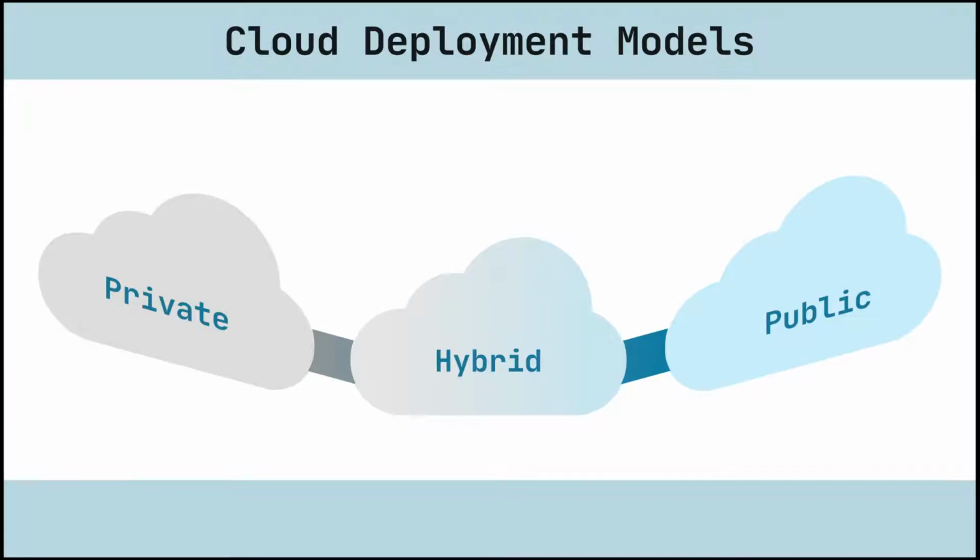In a private cloud, computing resources are used exclusively by users from one business or organization. A private cloud can be physically located at your organization's on-site data center. It also can be hosted by a third-party service provider. Hybrid cloud combines a public cloud and a private cloud by allowing data and applications to be shared between them.